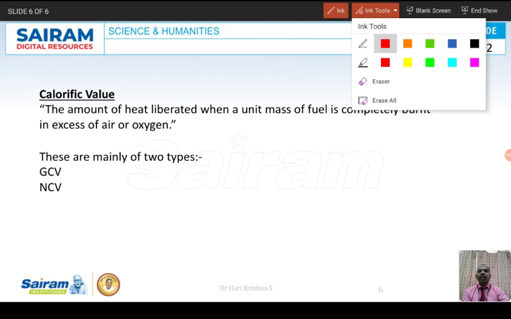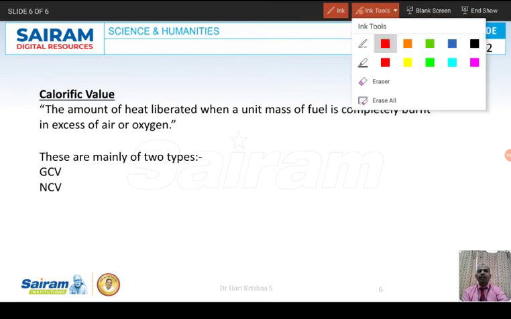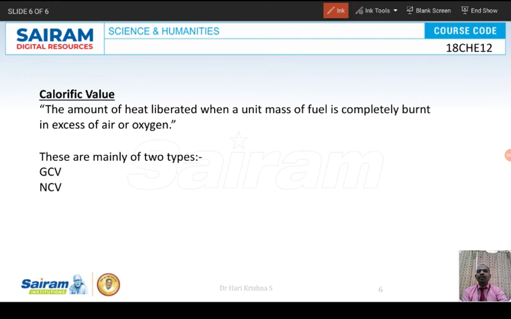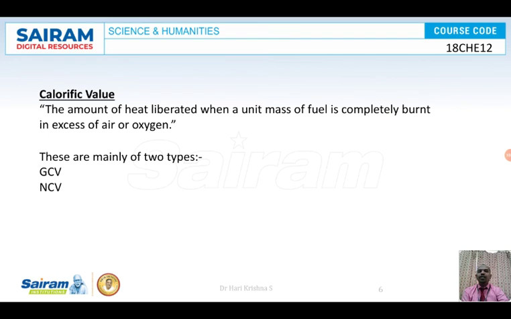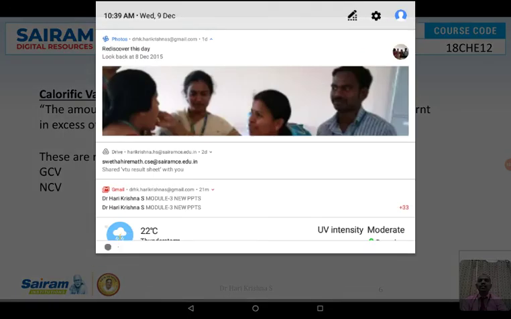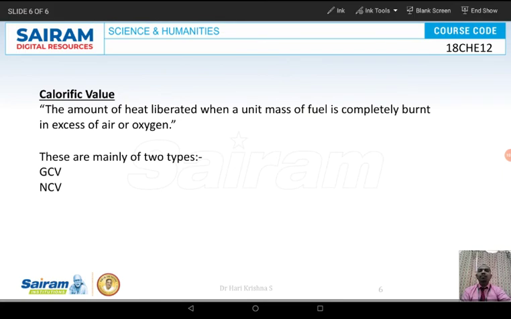Okay. So if you have carbon plus hydrogen, what will happen? Carbon and hydrogen both undergo combustion.